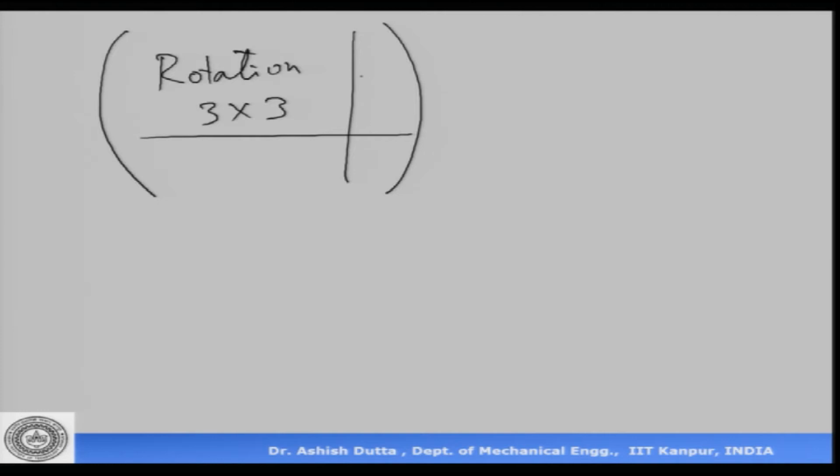This is my translation part, which basically is the distance between the origins of the two frames, the reference frame and the rotated translated frame.